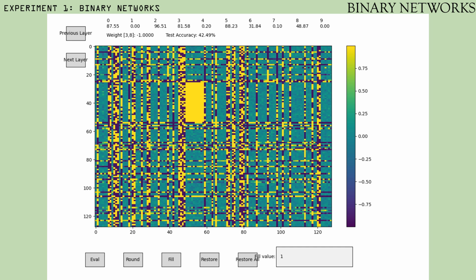Now, also if the non-binary part is changed, accuracy decreases. But it's not as dramatic as the binary horizontal strips. Now, it's also true for all layers.